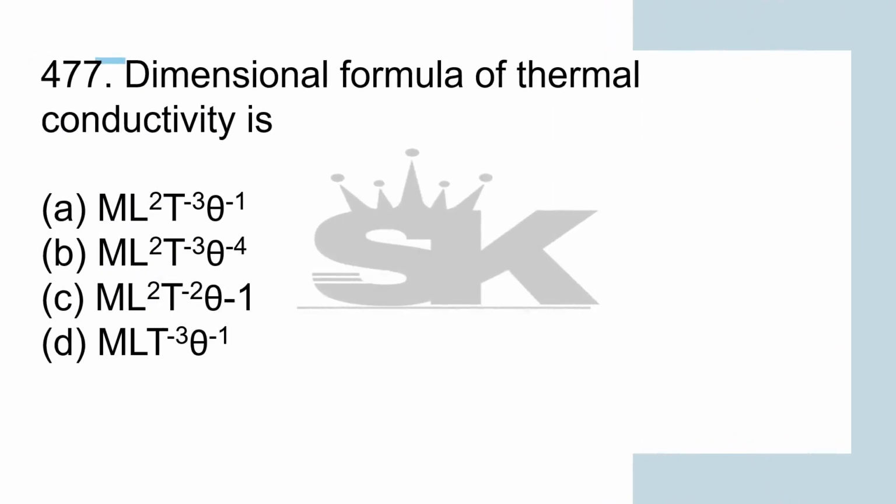Dimensional formula of thermal conductivity. So here thermal conductivity K equals Q L by A into delta T into t. Here Q is heat, its dimensional formula is M1 L2 T power minus 2.